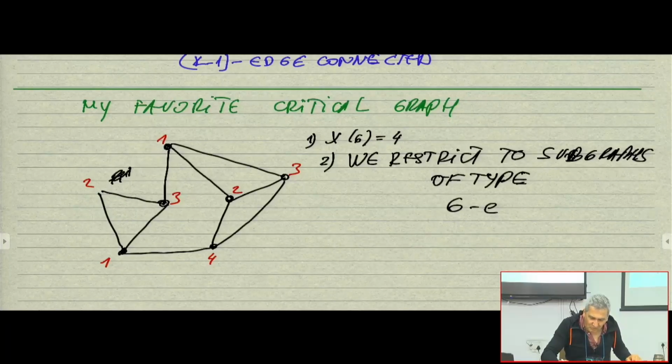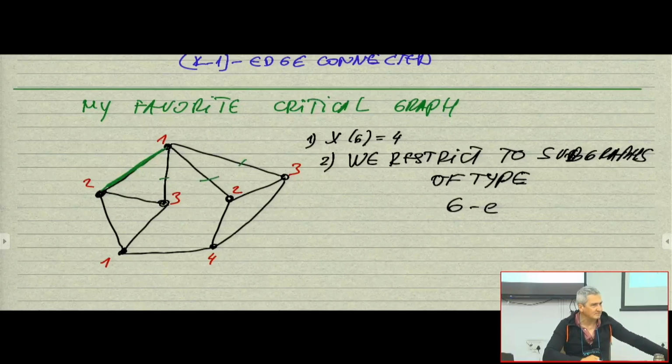Because of symmetry, how many things do I have to check? Because of the symmetry, if I check for this edge, I also have checked it for this. They are very symmetric, yes? So far 1. If I check for this, then I also check for this.